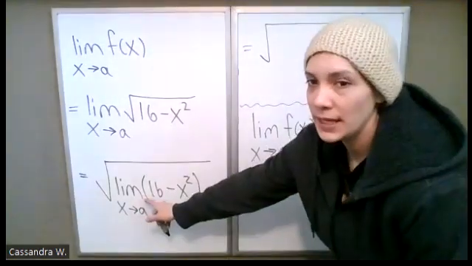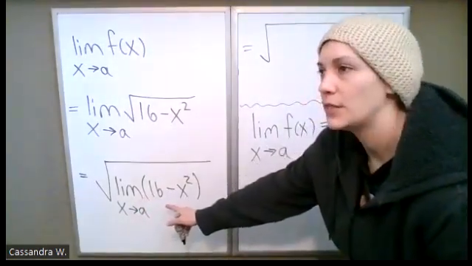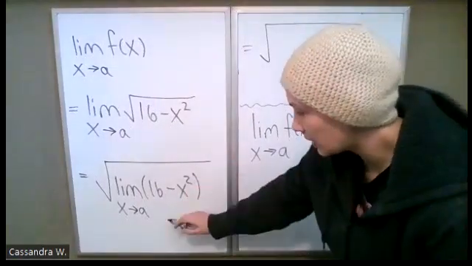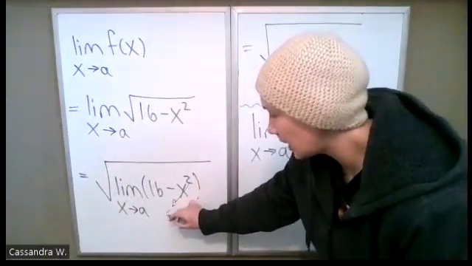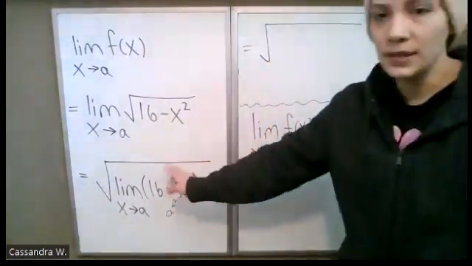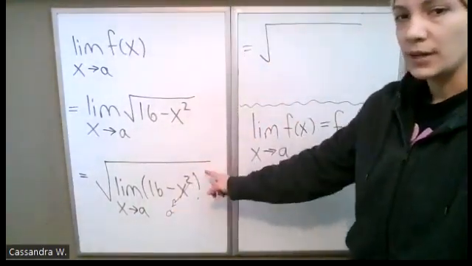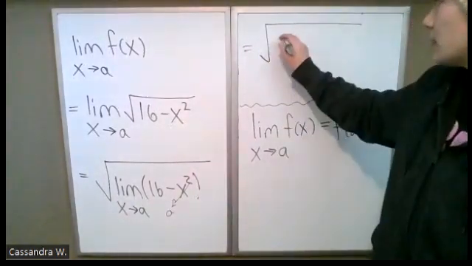So now I am letting x go to a. My teacher would sometimes draw a little arrow, like now I'm going to have this x go to a, and I can drop the limit part, and I'll take the root of 16 minus a squared.